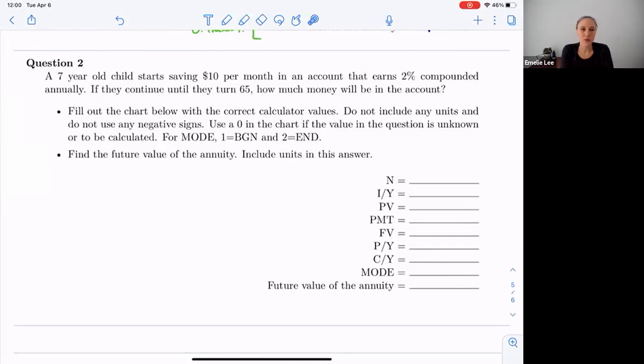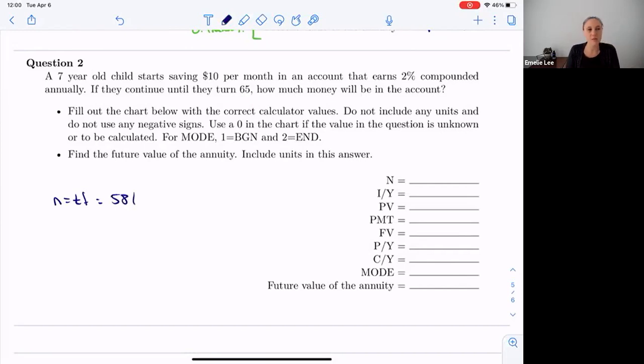First thing we need to do is find N, and N is basically the only calculation. I was jotting stuff down, but I wasn't really doing any work. N is the time times the frequency. The time that the 7-year-old is making investments for is 65 minus 7, so 58 years.